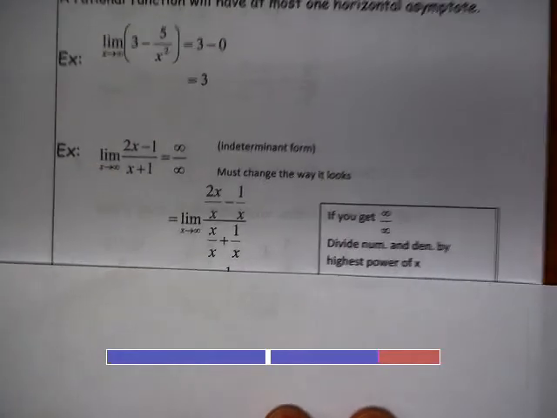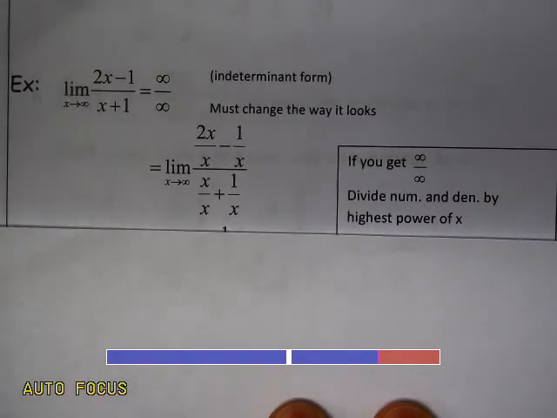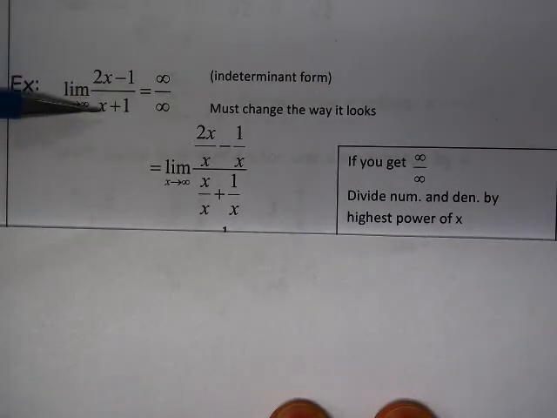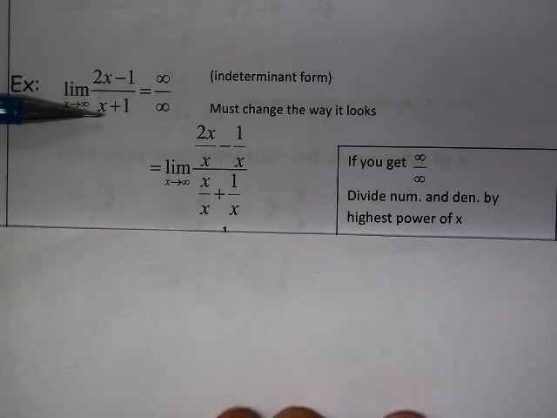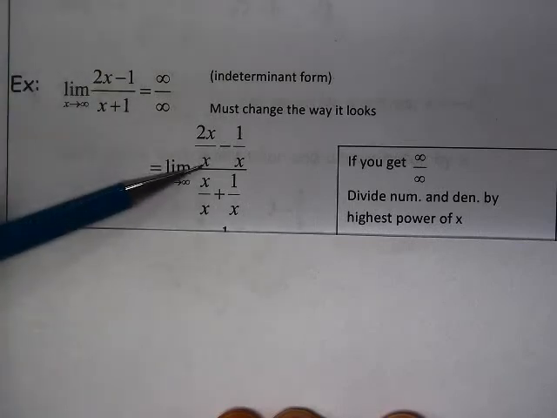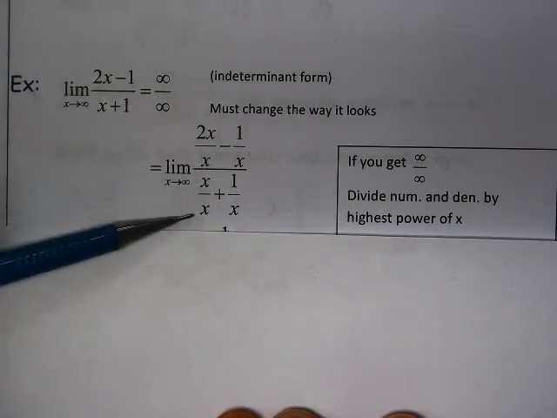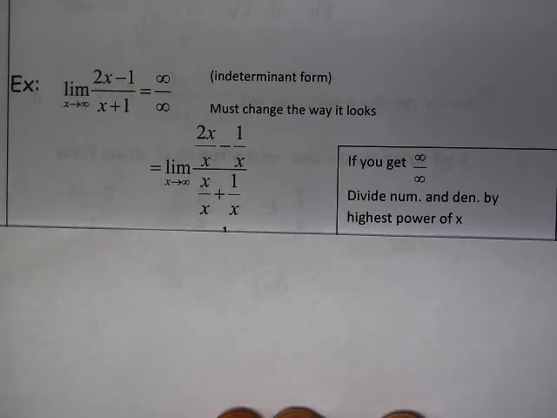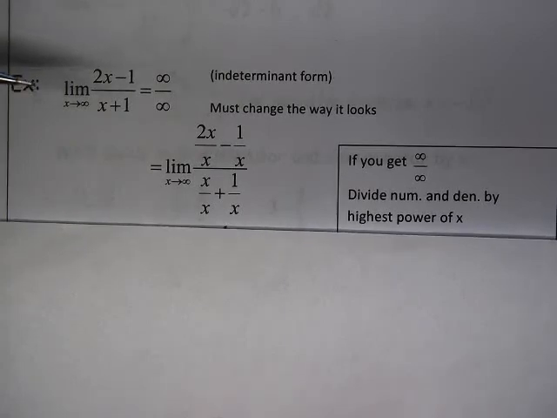Okay, so as we look through this problem, we have an x to the first up here and an x to the first down here. So x to the first is the highest power of x, and so we're going to divide the entire numerator by x and the entire denominator by x. Just like we can multiply numerator and denominator by anything, we can also divide the numerator and denominator by anything.